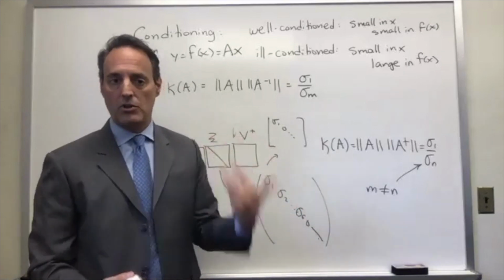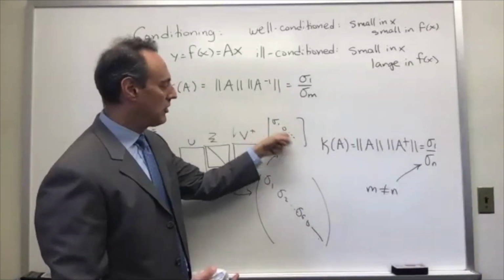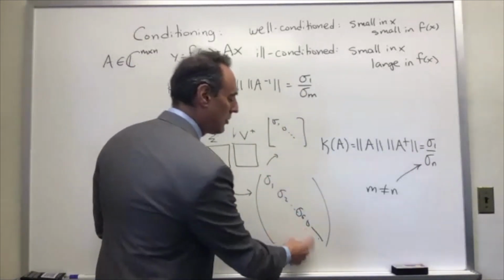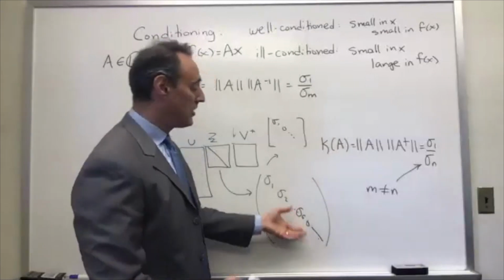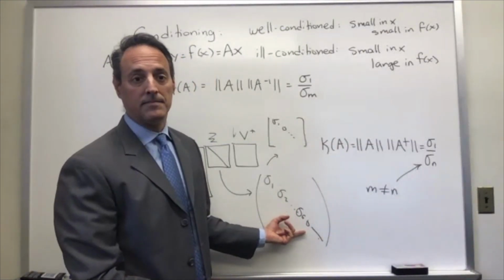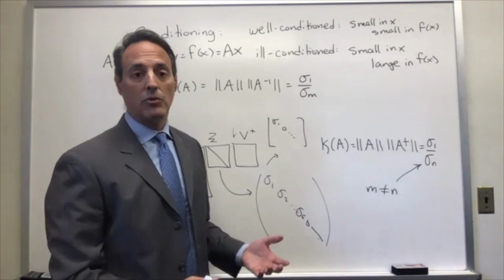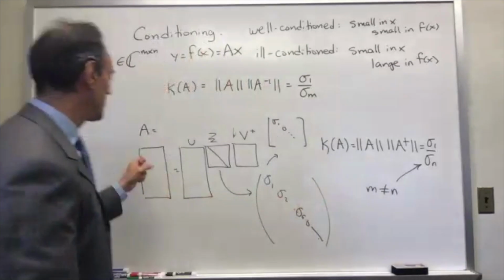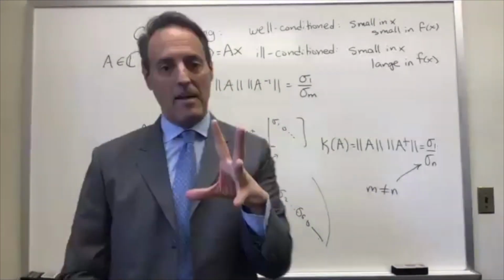And this is one of the things we talked about. When you do the diagonalization, and if you get zeros beyond a certain point, then your condition number for this matrix is going to go to infinity. And what that's telling you is that at least 2 columns of the matrix A are the same.